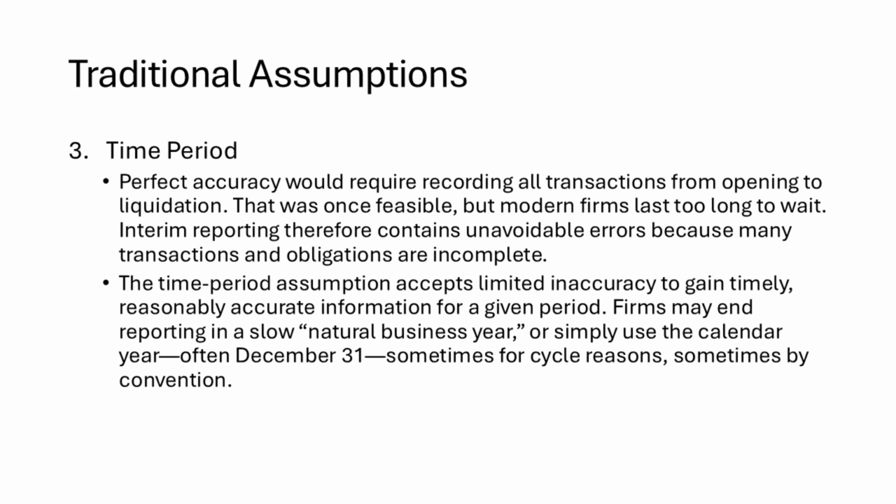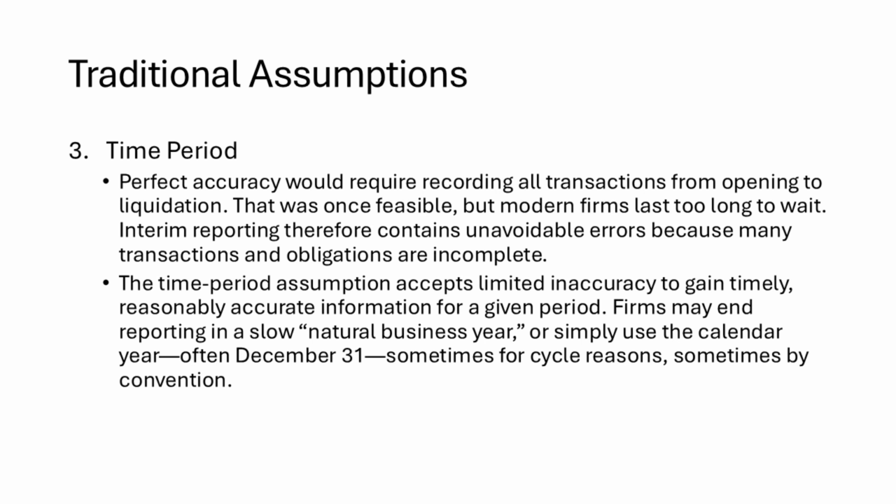Some businesses select an accounting period known as a natural business year that ends when operations are at a low ebb, in order to facilitate better measurement of the income and the financial position. In many industries, the natural business year of the company ends on December 31.